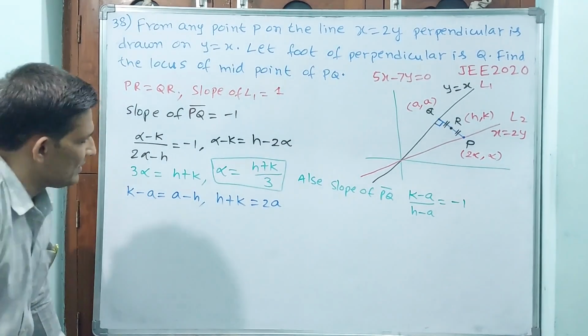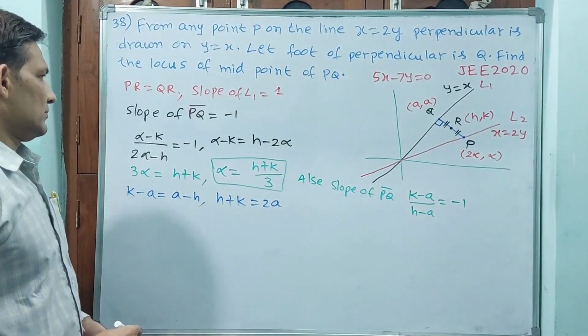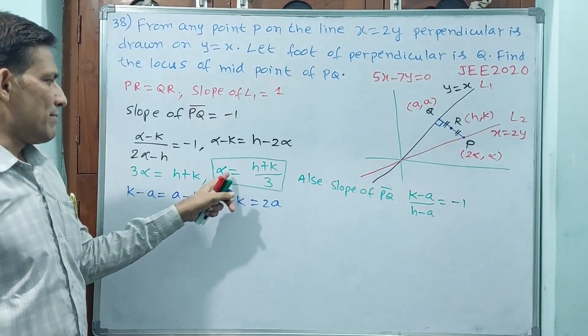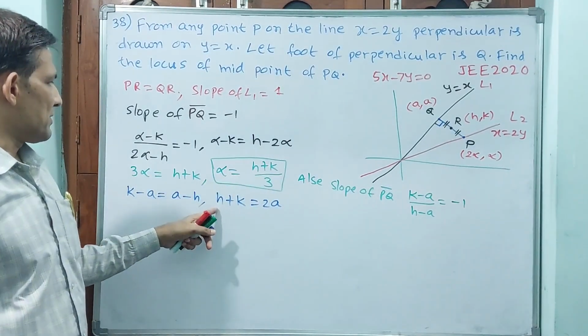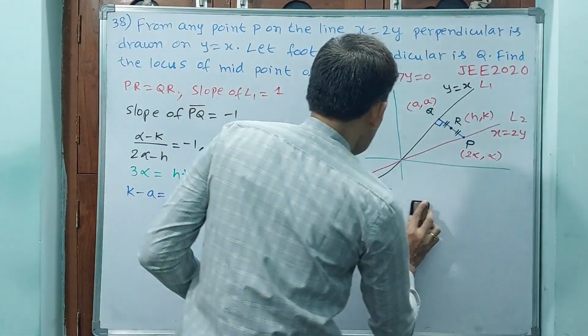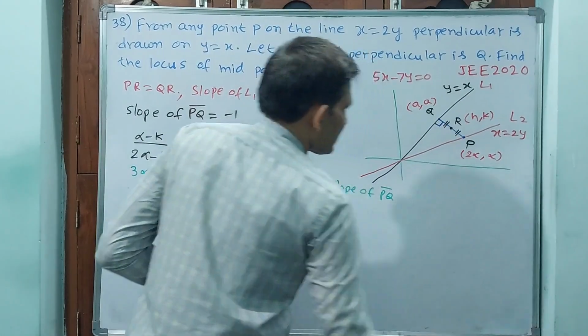But alpha is equal to 2a by 3 will come, or 3 alpha is equal to h plus k. Same is going to come. That is why I don't want to take this one.